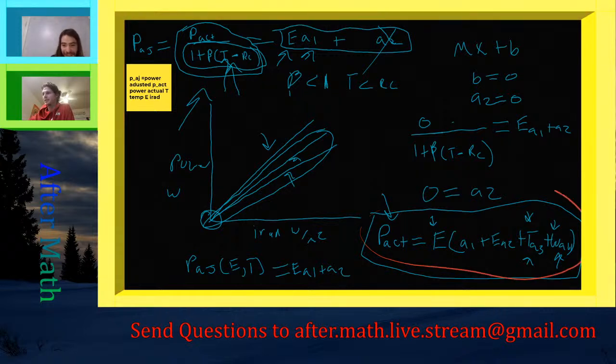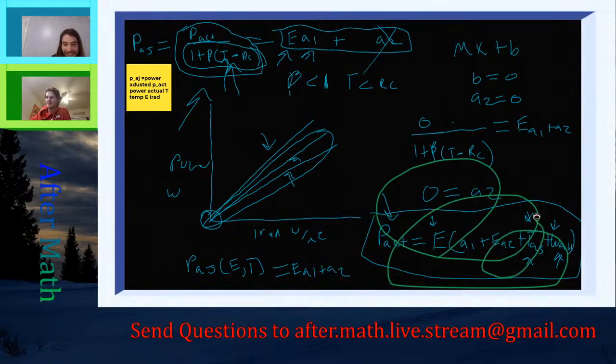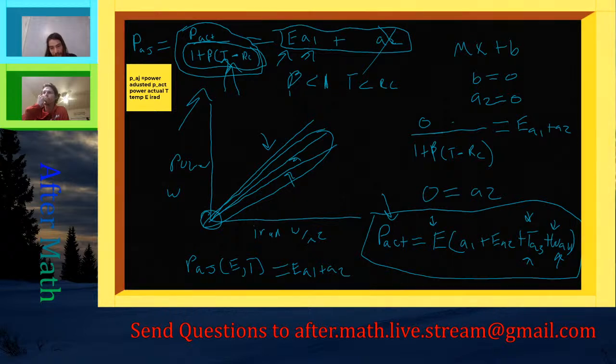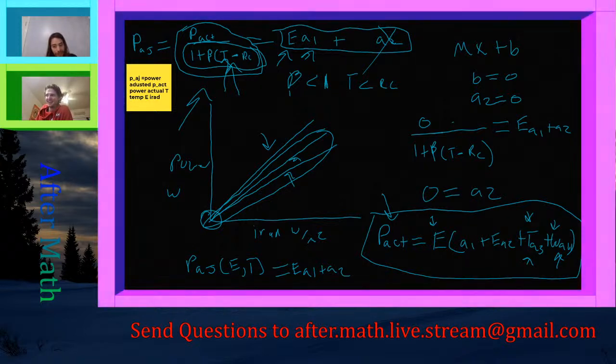This one makes sense. There's no way to get a negative power, and when your radiance is 0, your power is 0. It makes perfect sense, and it takes into consideration temperature and all these different factors and constants.